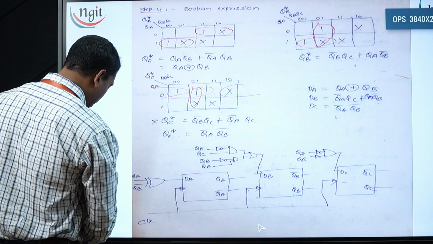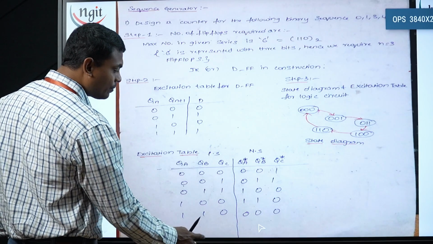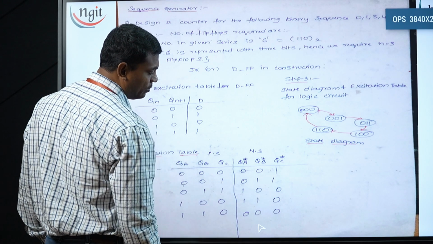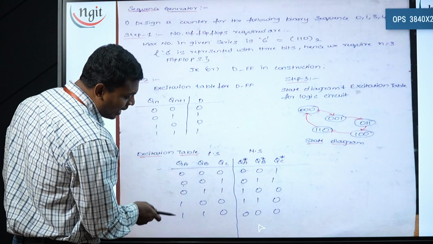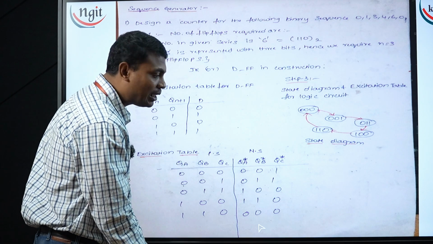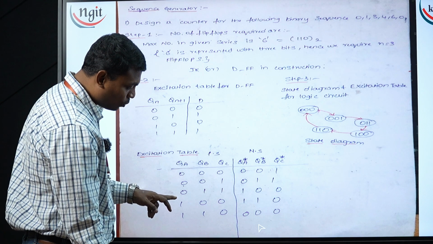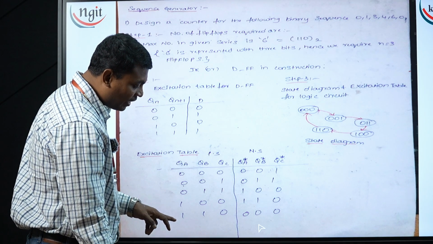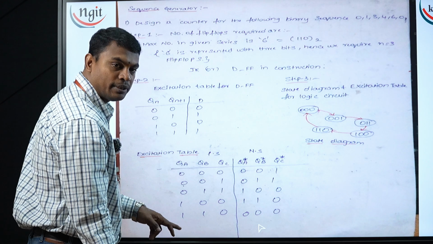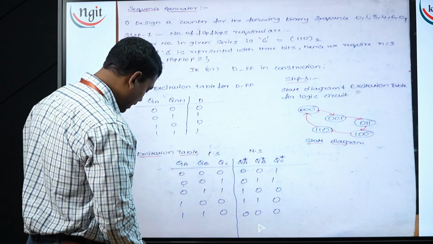In the diagram you have seen clearly the present state and next state values. We have only these values. Apart from these, there are some other values which are not represented: you have 0, 1, you don't have 2, you have 3, 4, you don't have 5, you have 6, you don't have 7. Whatever values are not present here, I am considering as don't care conditions.